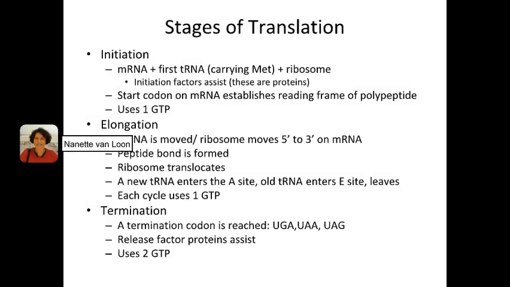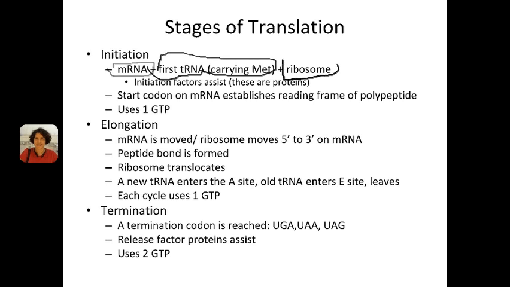Like DNA replication and transcription, translation is divided into 3 stages called initiation, elongation, and termination. During initiation, the messenger RNA and the first tRNA, which is already charged with the amino acid methionine, and the ribosome are needed.